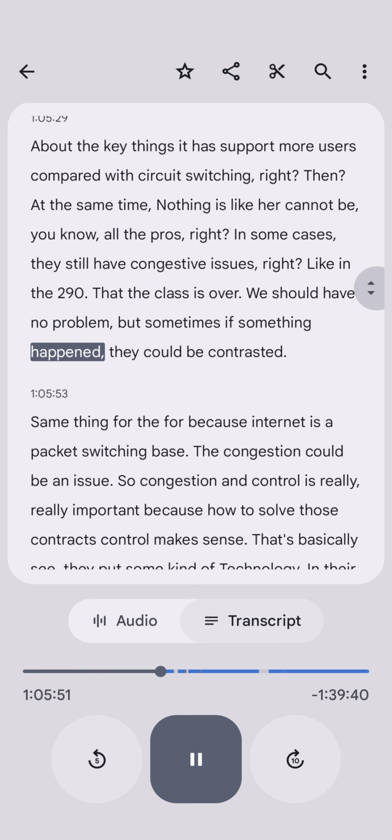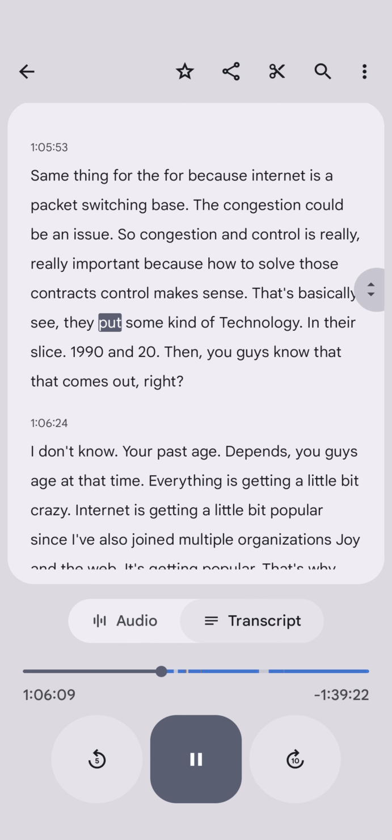But sometimes, if something happens, it could be congested. Same thing: because the internet is packet switching based, congestion could be an issue. So congestion control is a really, really important concept. How do we solve this congestion? Make sense? That's basically why they put some important technology in these slides.